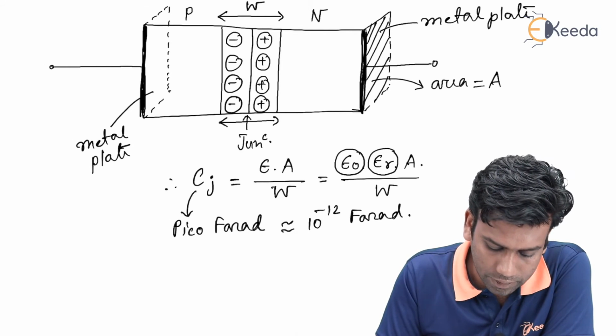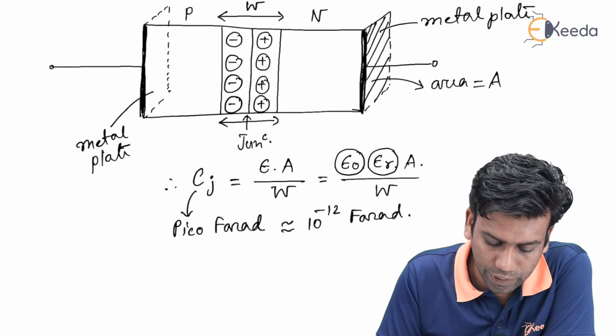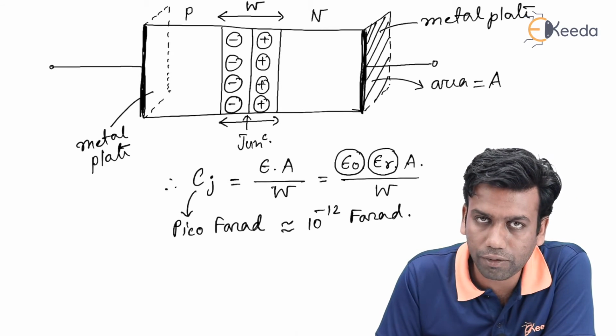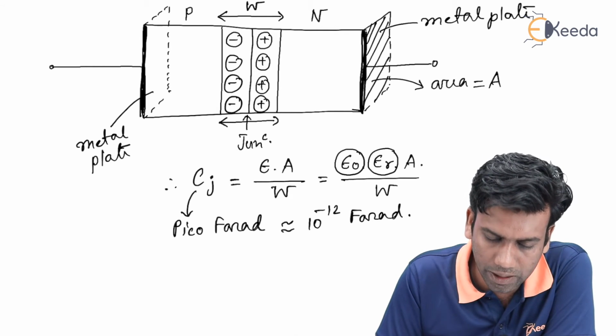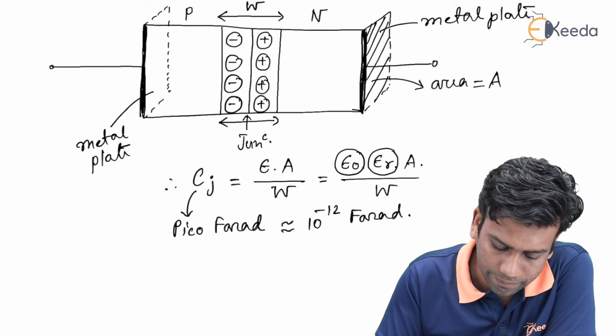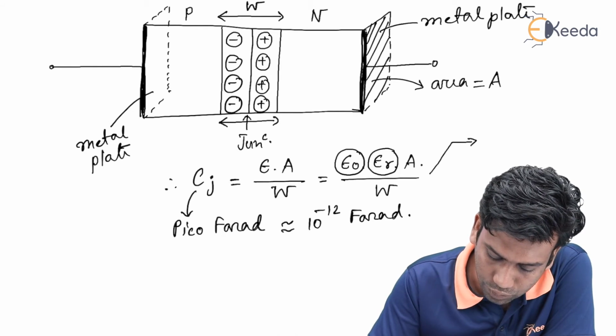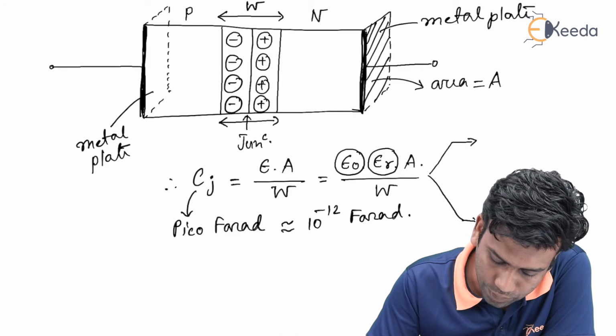Now, this junction capacitance will be developed in both the forward bias and the reverse bias, and depending on that, the junction capacitance can be classified into two groups.